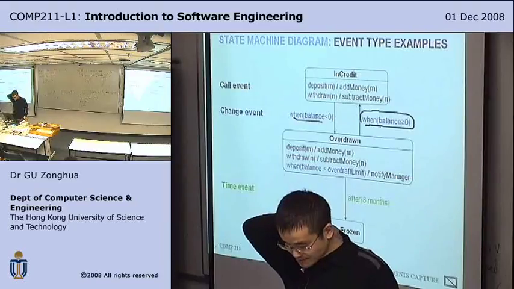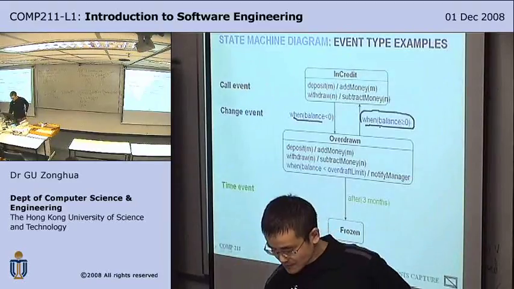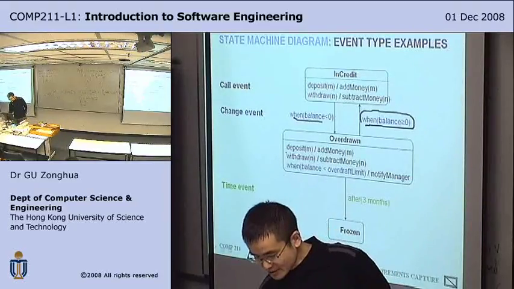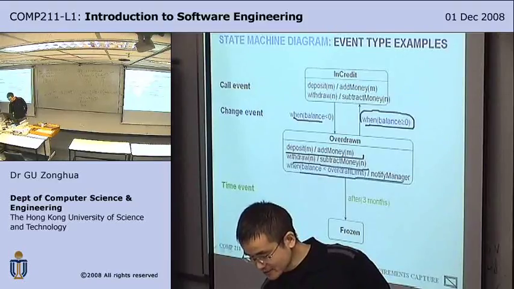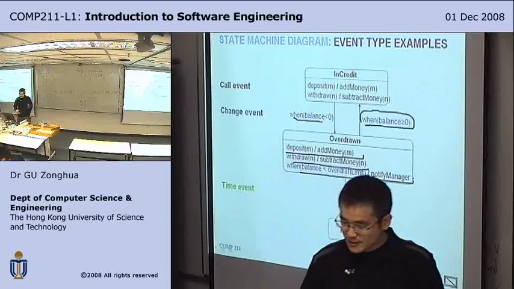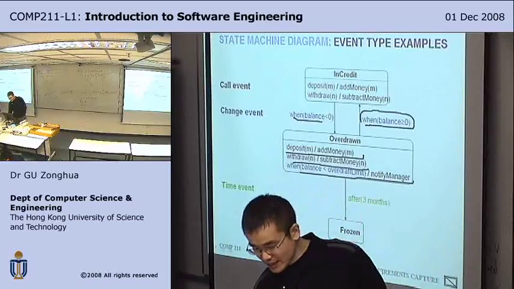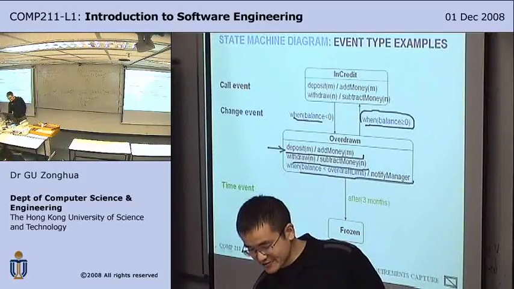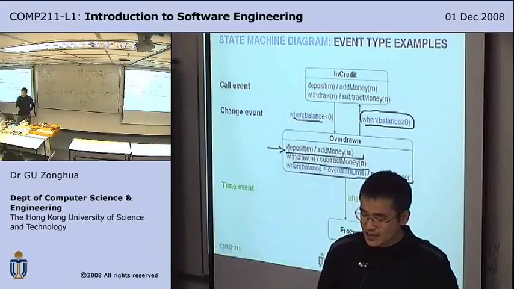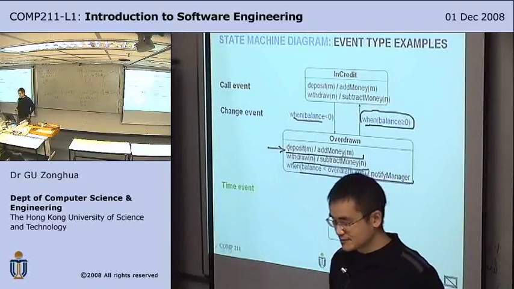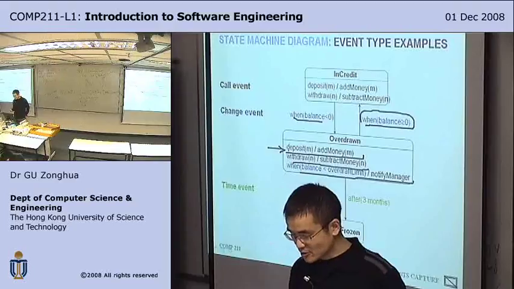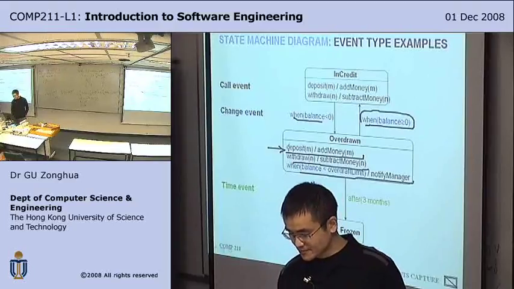And also these are so-called self-transitions. That is, when the deposit money event is received, it invokes add money, but doesn't transition to any other state. So it's an internal transition.